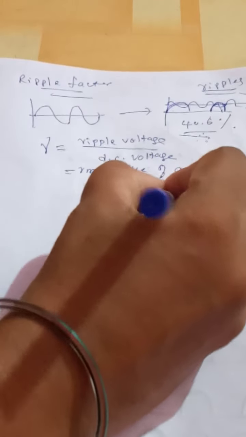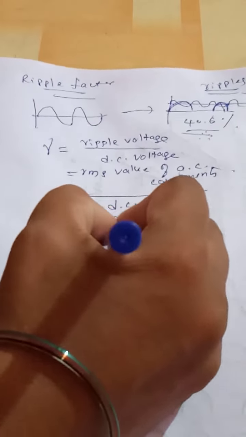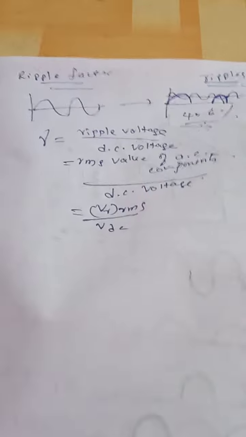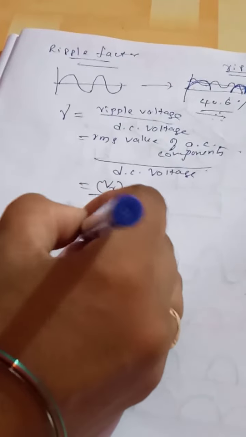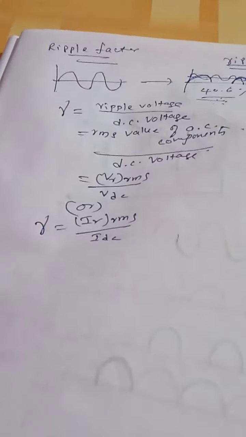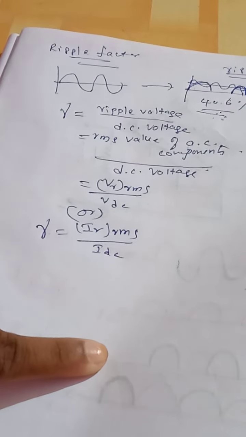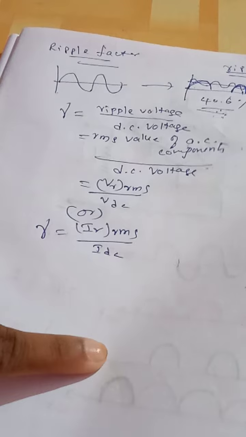Ripple voltage means the RMS value of AC components present in output divided by DC voltage, that is V_R RMS by V_DC, or we can also write this in current terms as I_R RMS by I_DC. Already we found the value of I_DC. Now we have to find the value of I_R RMS.